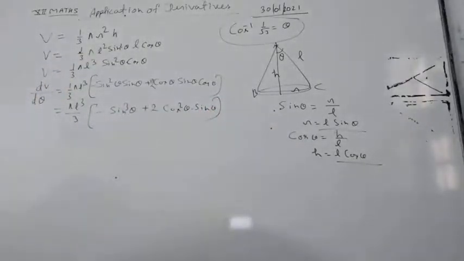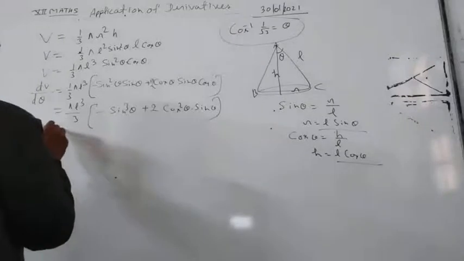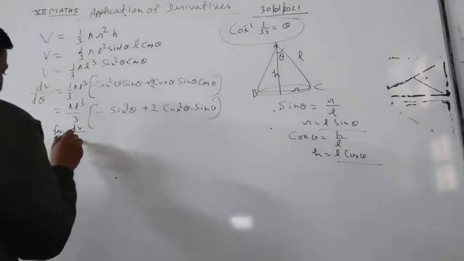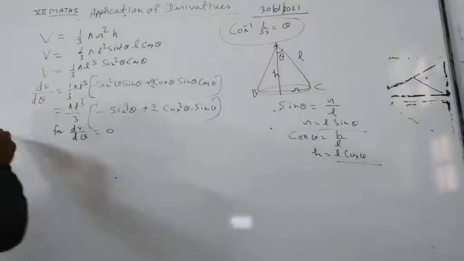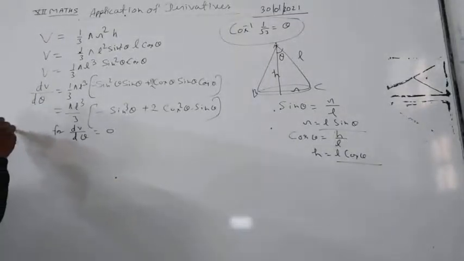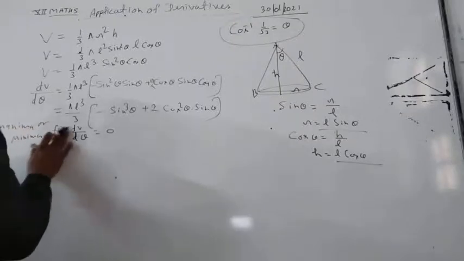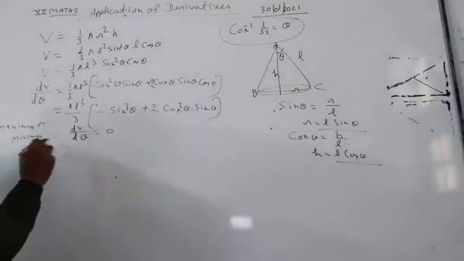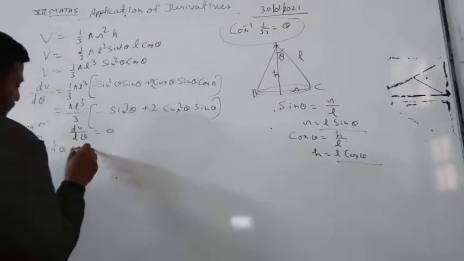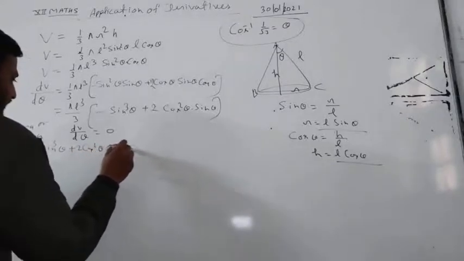Okay, students. Now, you know, for maxima and minima we always set the first derivative equal to 0, students. So for maxima or minima, we write the derivative with respect to theta is 0. So minus sin cube theta plus 2 cos square theta sin theta is equal to 0.